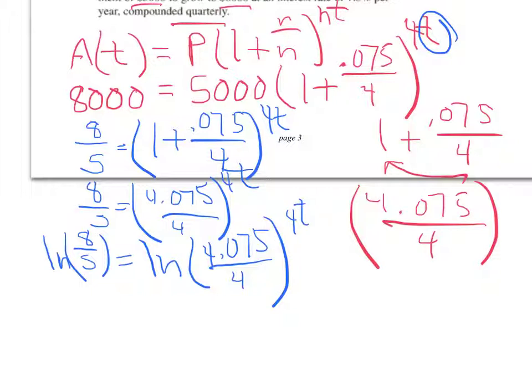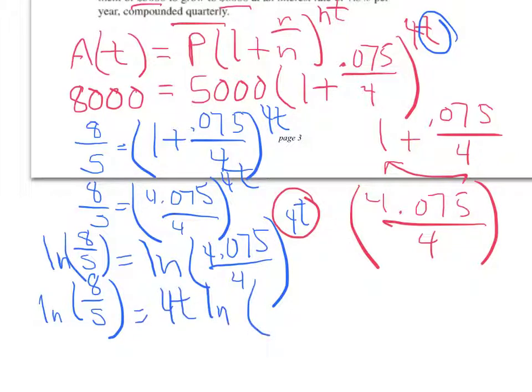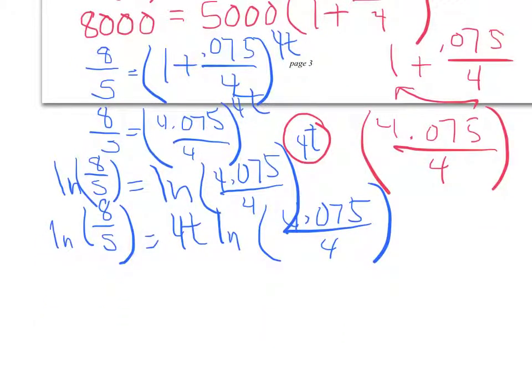Now again, the 4t, since it's a power on something you're taking the log of, can become a coefficient. So we get the natural log of 8 divided by 5 is equal to 4t times the natural log of 4.075 divided by 4. Now I know it looks kind of like a mess, but it's not really that bad.